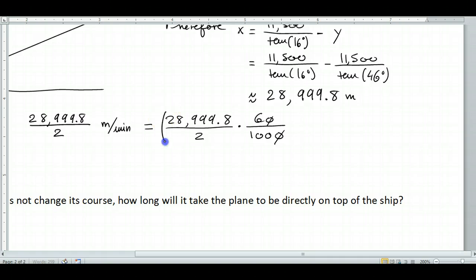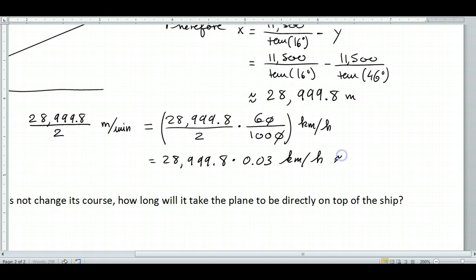This is kilometers per hour. So it is the number that I started with times 0.03 kilometers per hour, and we just saw that it was, oops, not 270 but 870 kilometers per hour. Okay, so we got the distance. I'm sorry, we get the speed, about 870 kilometers per hour.